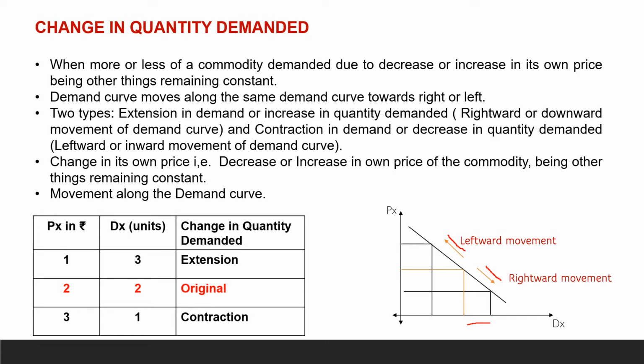When price rises, quantity demanded decreases. So when price rises from here, quantity demanded decreases from here. So in case of change in quantity demanded, the demand curve moves along the same demand curve.